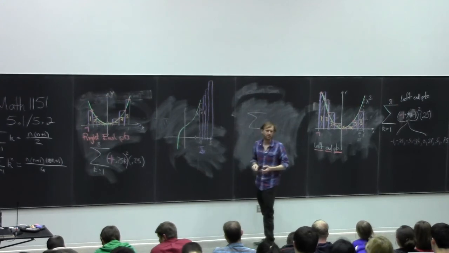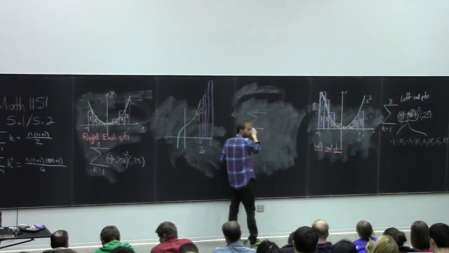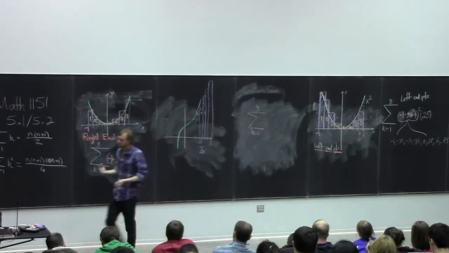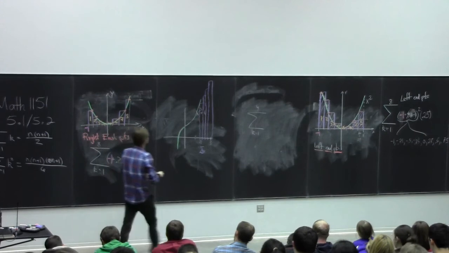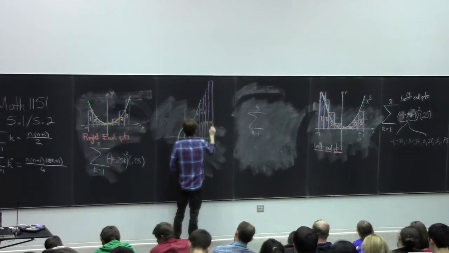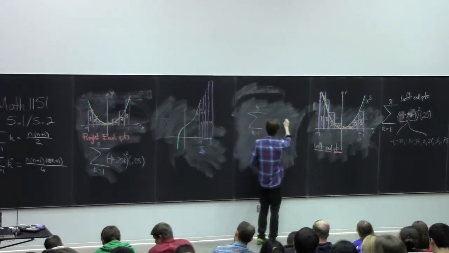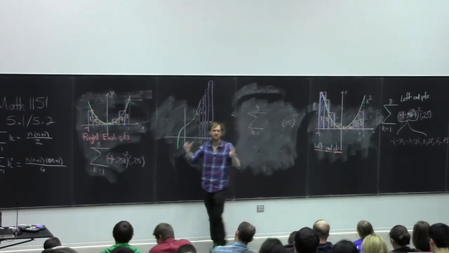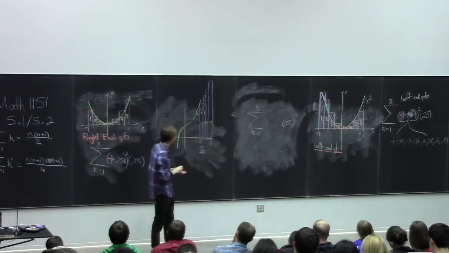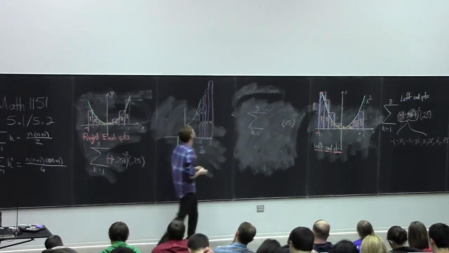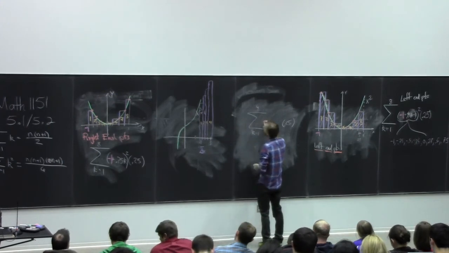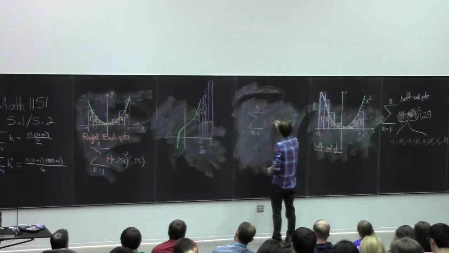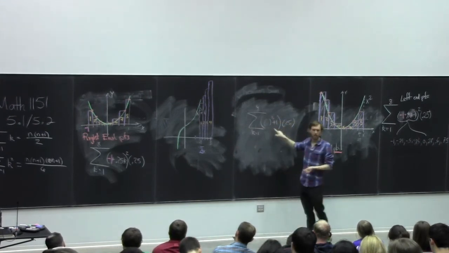How many rectangles do I have? 4. So what's k go from? K goes from 1 to 4. K enumerates, it counts the rectangles. 1, 2, 3, 4. What's the width of each rectangle? 0.25. There, I'm writing it down. We're always doing the sum of height times width. Always. Now I have to take whatever the height is, and I have to cube it and add 1 to it, right?